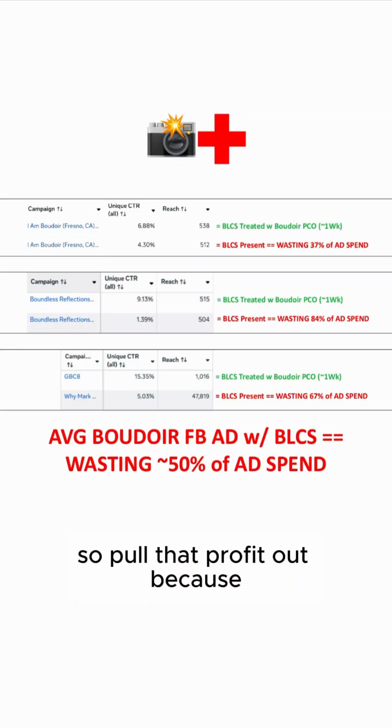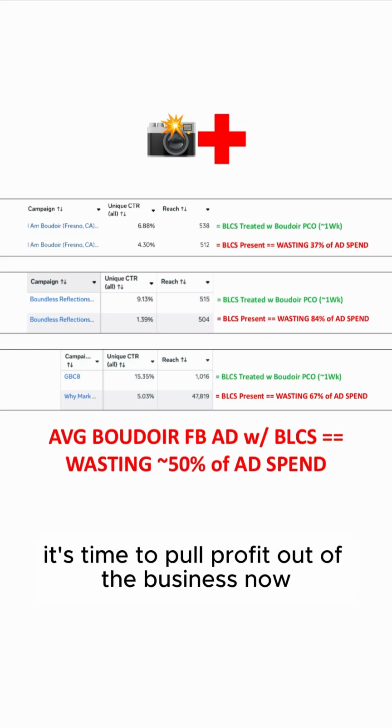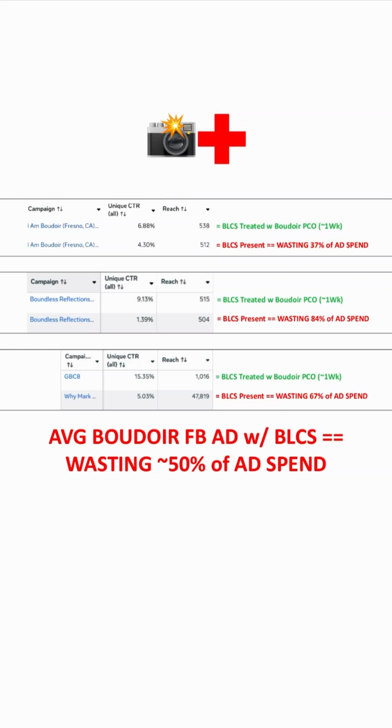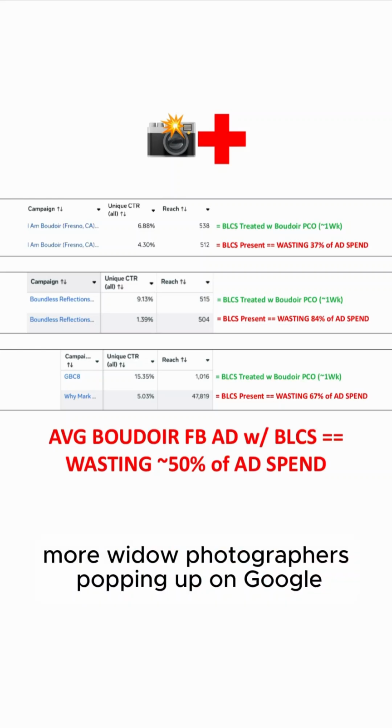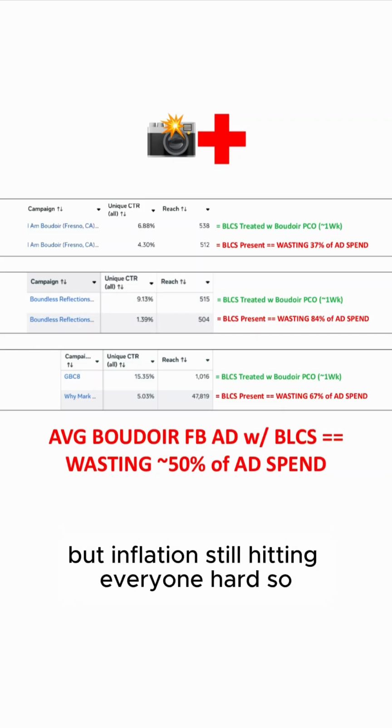So pull that profit out because you realize it's time to pull profit out of the business now, because more boudoir photographers are popping up on Google My Business profile, saturating the market, driving prices down for everyone, but inflation's still hitting everyone hard.